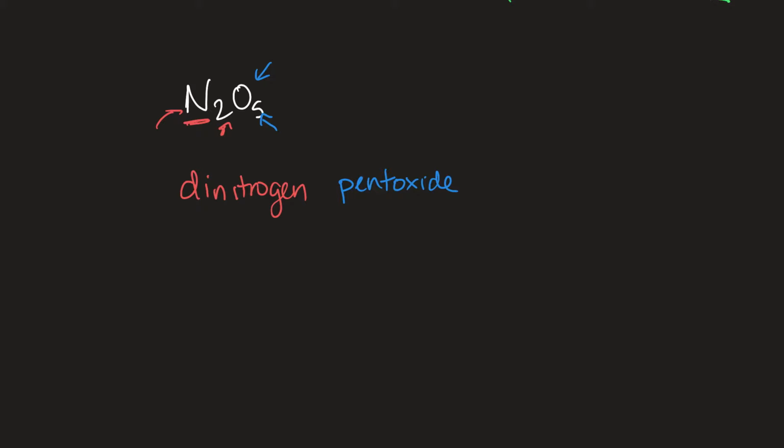Another little tidbit, just for language purposes. Typically, if you have an element that starts with a vowel like oxygen, and you're using a prefix that ends with an A, like penta or tetra or hexa, we actually take out that A. So in this case, it's not pentaoxide, it's pentoxide.